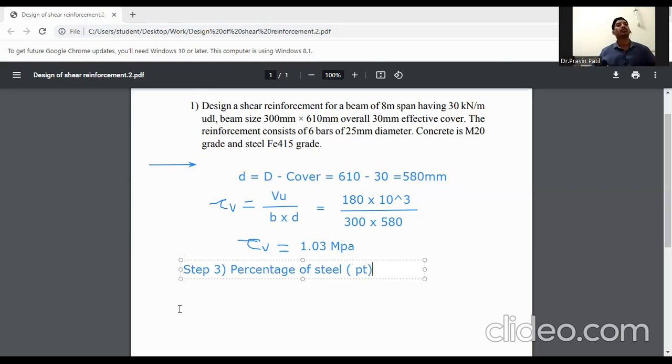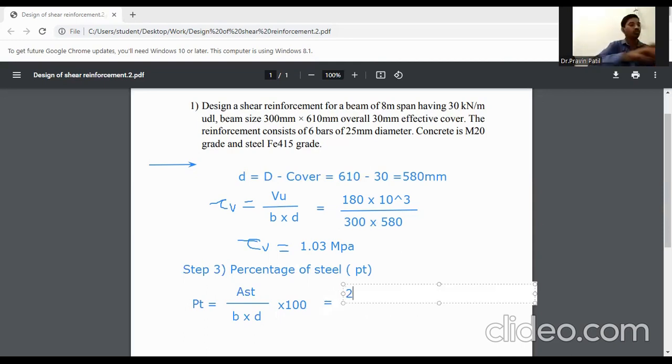PT is equal to AST divided by b into d into 100, the percentage of tension steel over b into d, into 100.